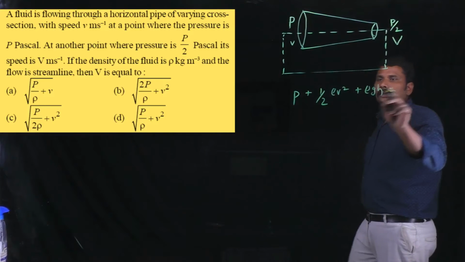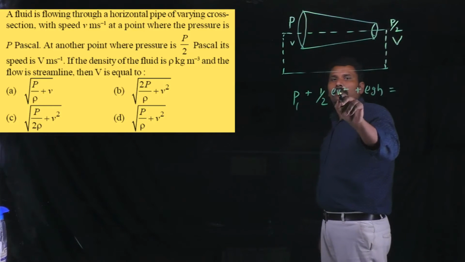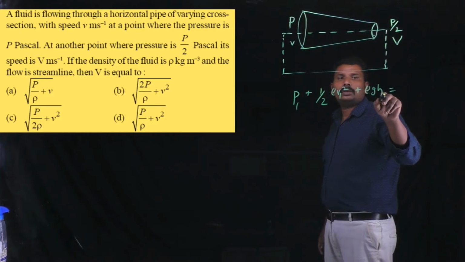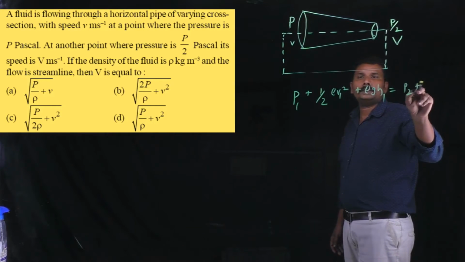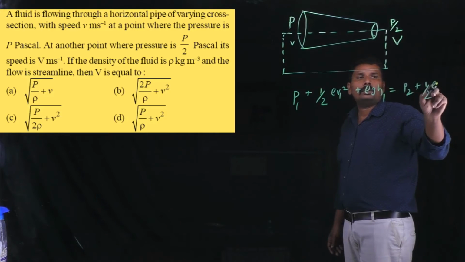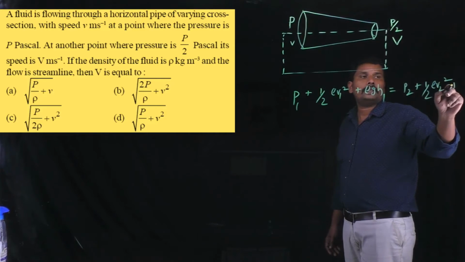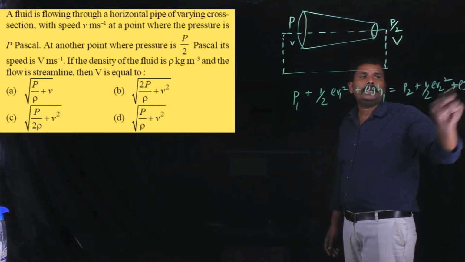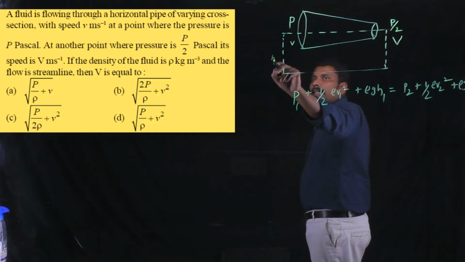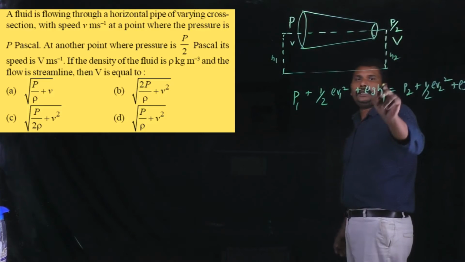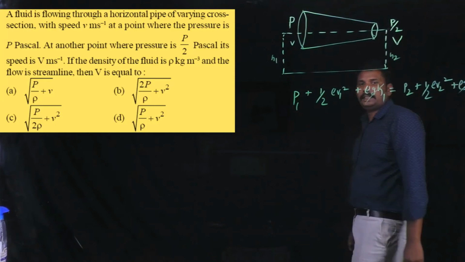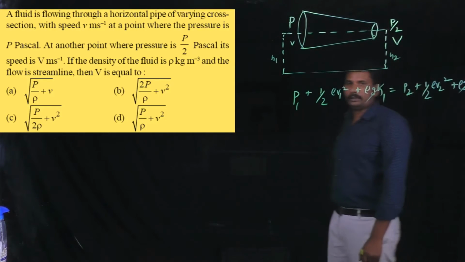It is P1 plus half rho V1 square plus rho g H1 is equal to P2 plus half rho V2 square plus rho g H2. Here this is H1 and this is H2. These two heights are the same, that's why there is no potential energy difference in the horizontal pipe.